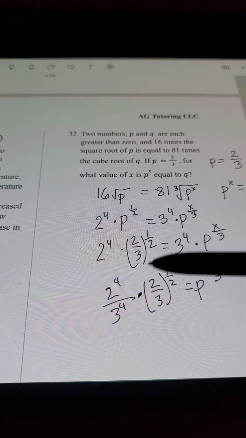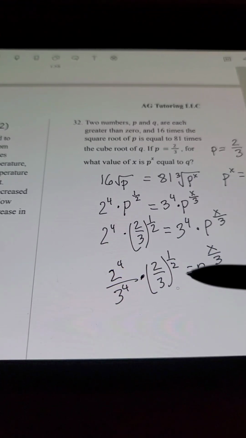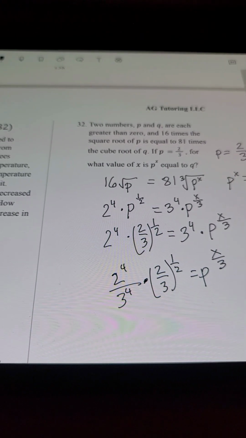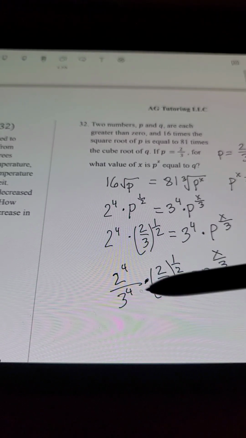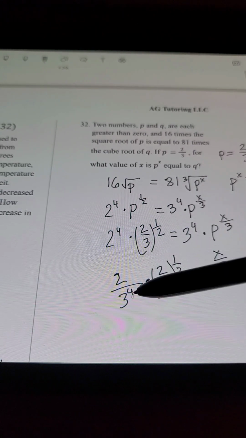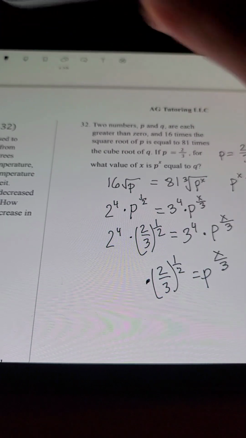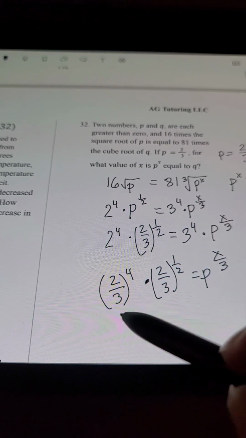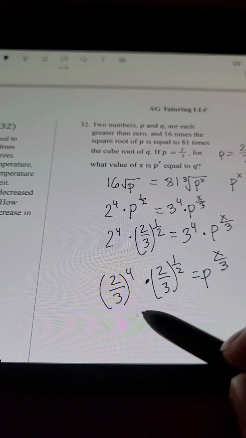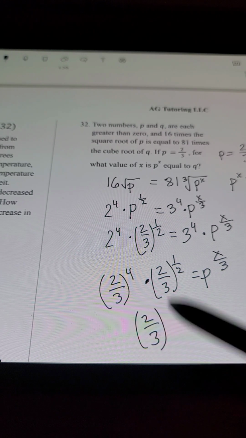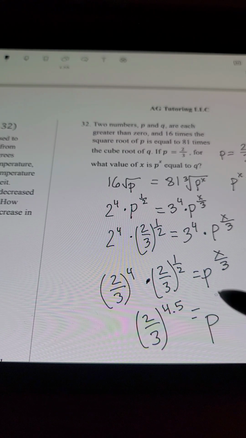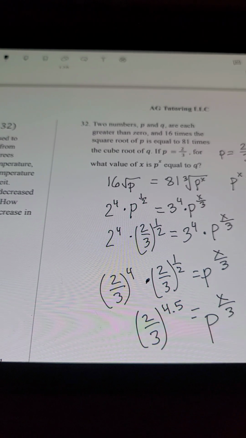Now I see where I can maybe use some of my laws of exponents to rewrite this to my advantage. So 2 to the 4th over 3 to the 4th is the same thing as 2/3 to the 4th power. So now I can use the product rule to say that this is the same thing as 2/3 to the 4 plus 1/2, which is just 4.5, and that has to equal p to the x over 3.